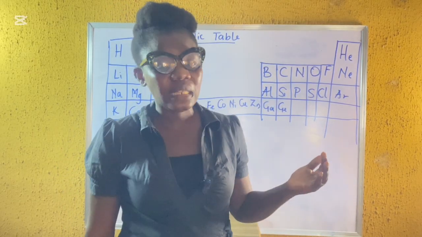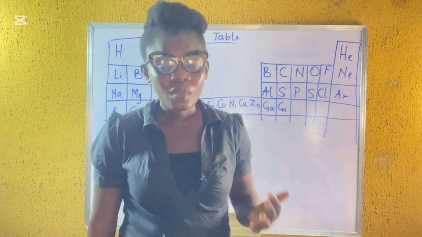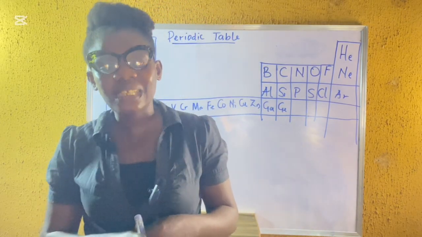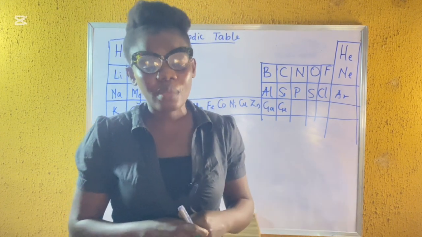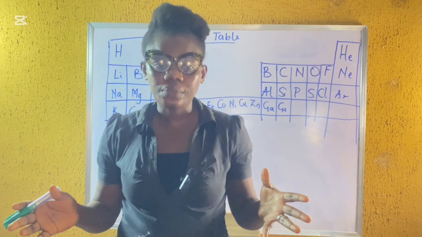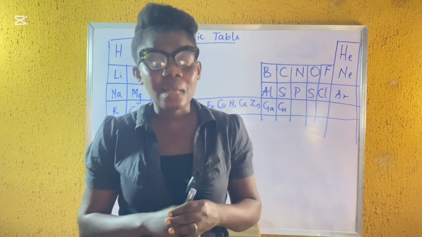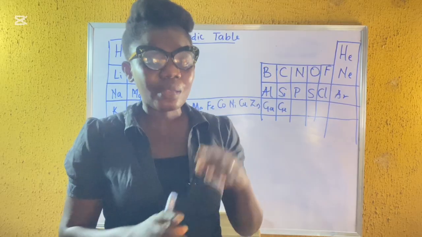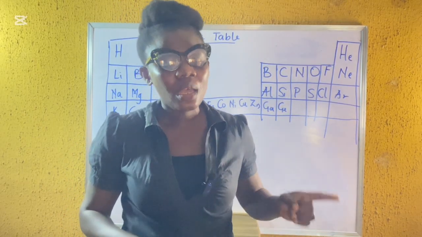Of all these 118 elements, some of them are prepared in the laboratory, some are natural. So we have 118 proven elements in the periodic table. The periodic table was first arranged by Mendeleev in the years 1869 to 1871. Mendeleev arranged the elements in the periodic table, I beg your pardon, based on the atomic mass and not the atomic number.